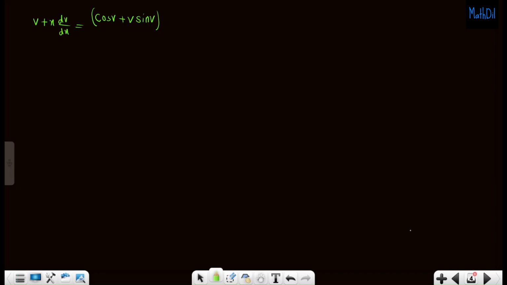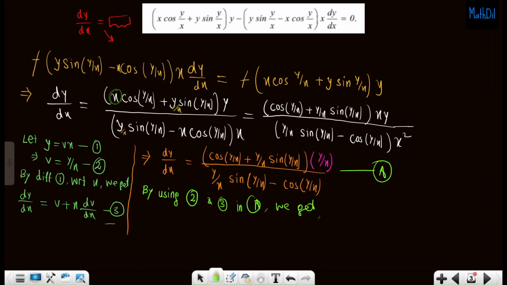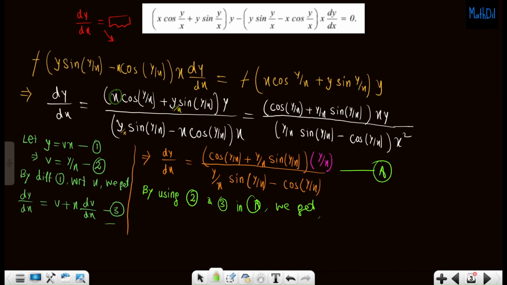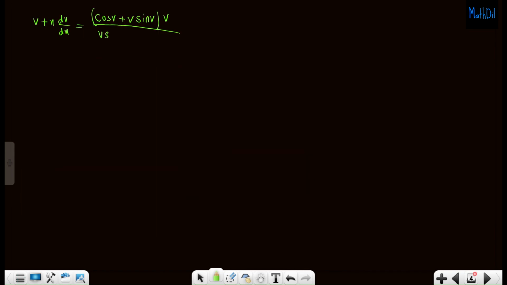Bracket, what is outside, y by x, so again v, right? So write v by, y by x means v sin v minus cos v. So this is our new expression, right?